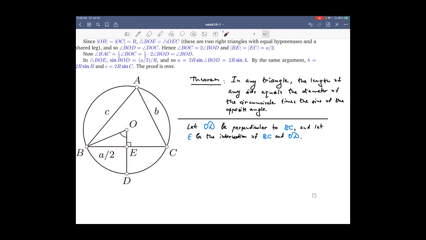Now, first of all, I claim that if we join O and C, I claim that the triangles BOE and OEC are equal. Why is that? Well, they're right triangles, they share a leg, and their hypotenuses are equal as radii of the circumcircle.